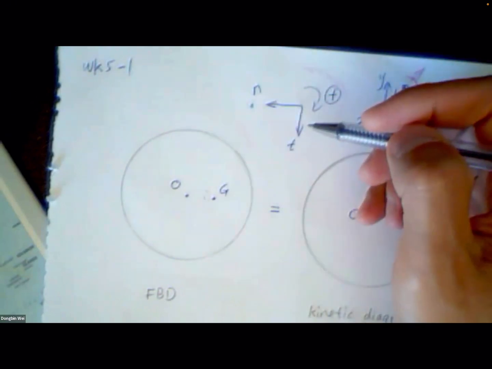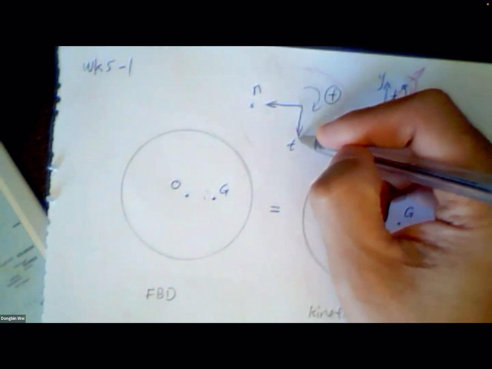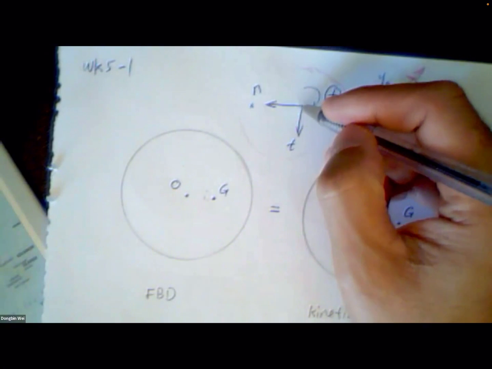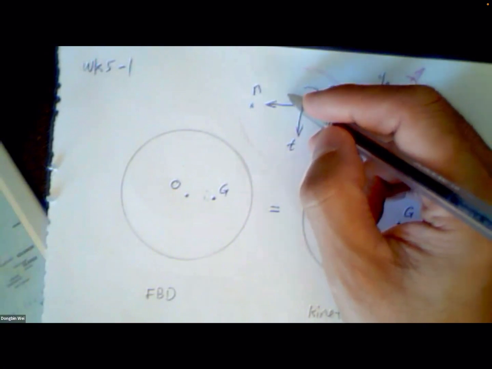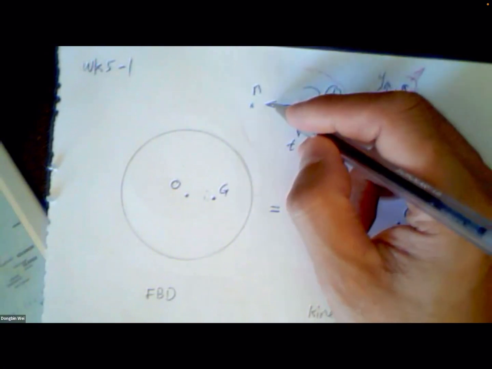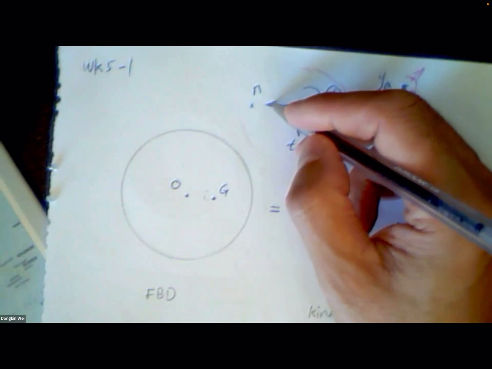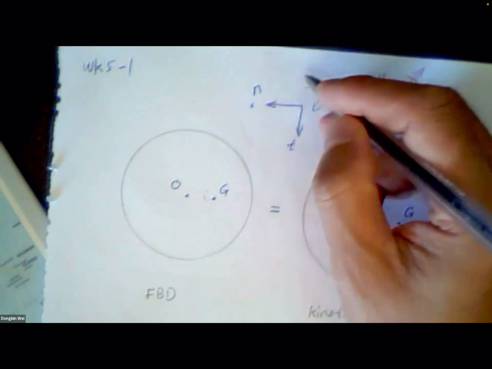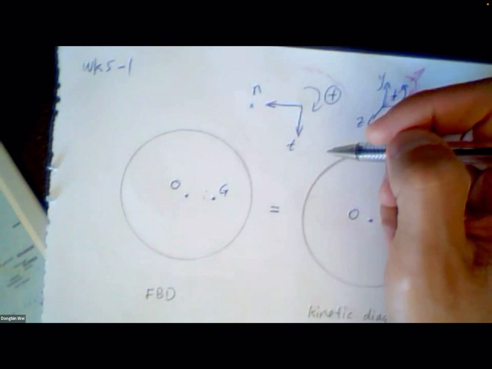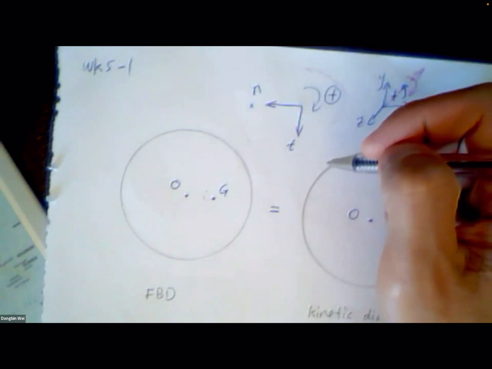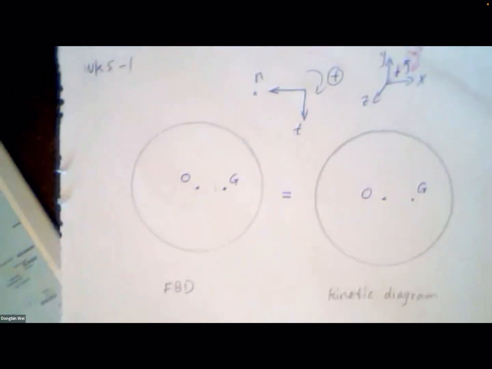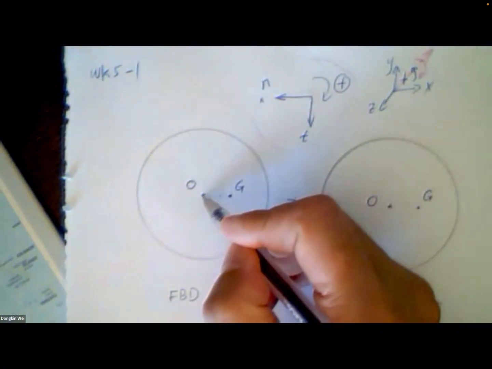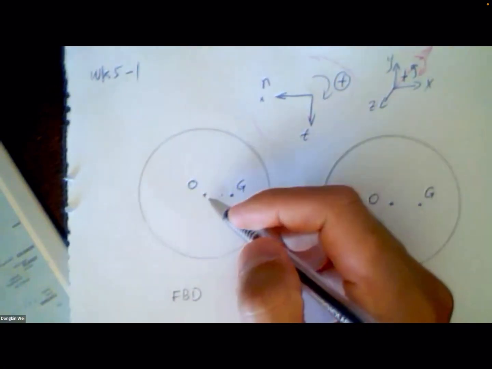With the tangential direction downward, the positive rotation direction in this defined coordinate system must be clockwise. It's already defined. Now let's have a look.